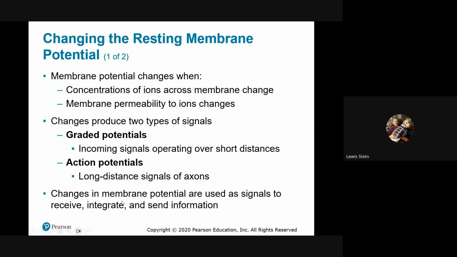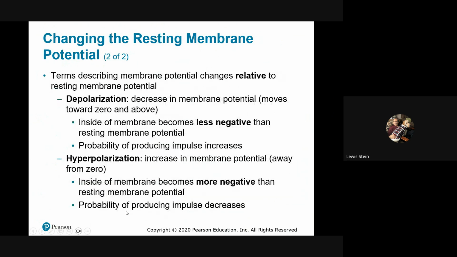That's joking. Changes in membrane potential are used as signals. Receive, integrate, sending, obviously. Here's the distinctions. Depolarization, more likely to fire. The inside becomes less negative or more positive. The whole idea, if the resting membrane potential is minus 70, we want to get to minus 55 or 50, that area. And once it hits whatever that number is, boom, fires completely, can't be stopped.